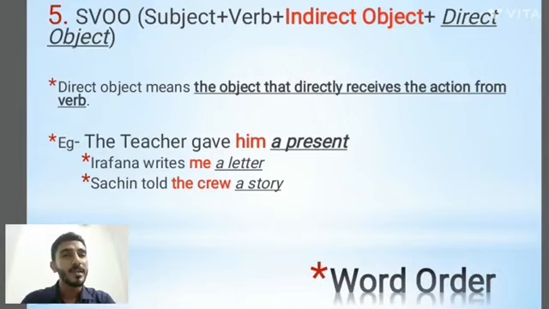That "what" is directly connected to told. So a story turns out to be the direct object, and the crew, who heard the story, turns out to be the indirect object. I hope you got the idea.